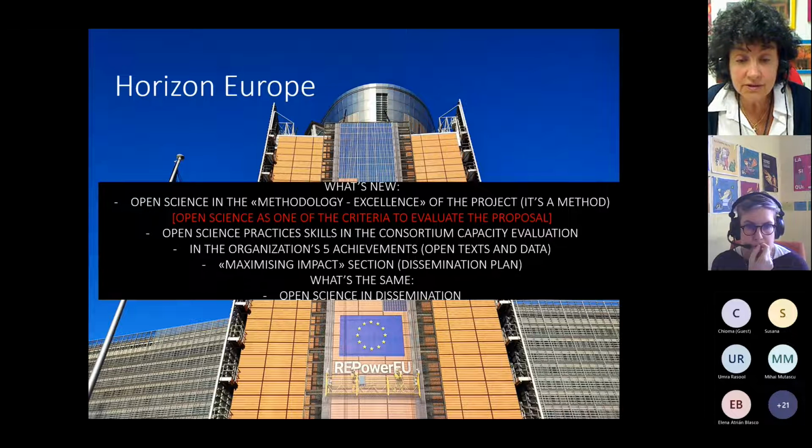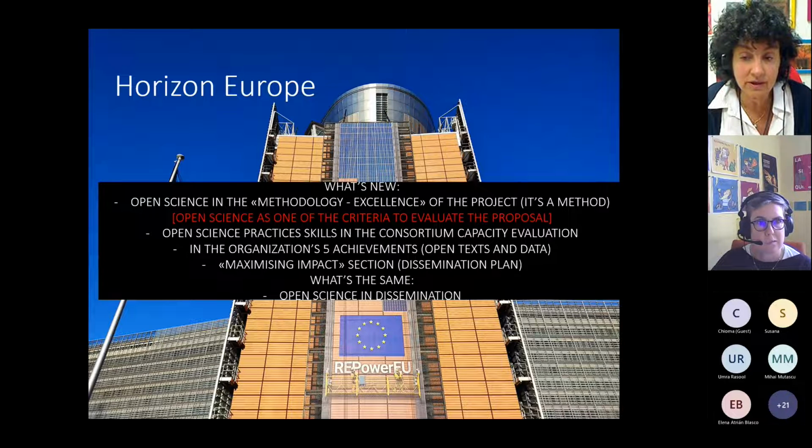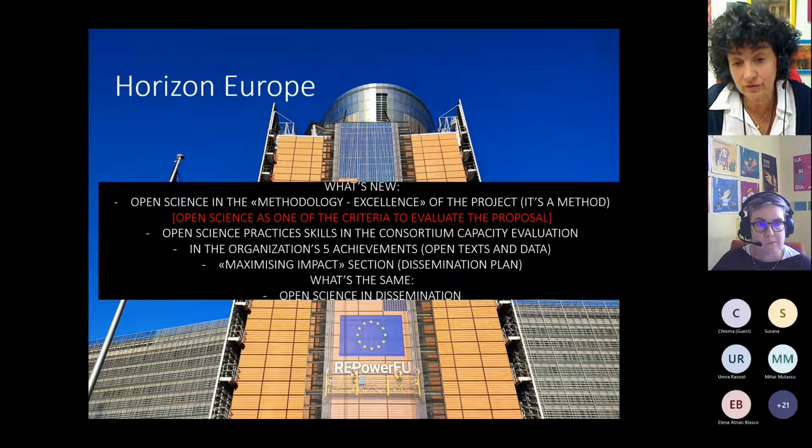In the organization's 5 achievements in part A, so you are required to show the Commission that you already went open. And then you also have something about open science in the maximization of the impact of your research. What's the same is open science in dissemination, but again, with new rules.